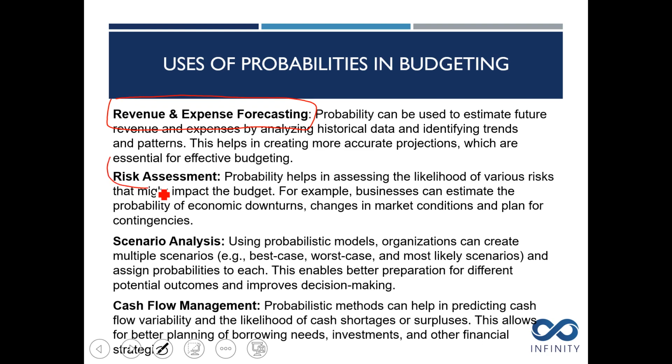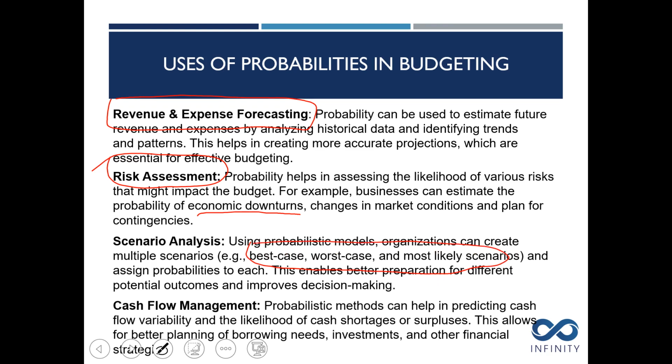You can do a risk assessment by considering different economic situations, for example, economic downturns, changes in market conditions. Based on that, you can assess the risk of the business and make a decision out of it. You can do a scenario analysis: best case, worst case, and most likely case.